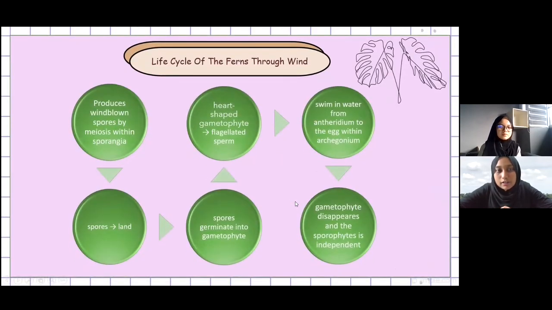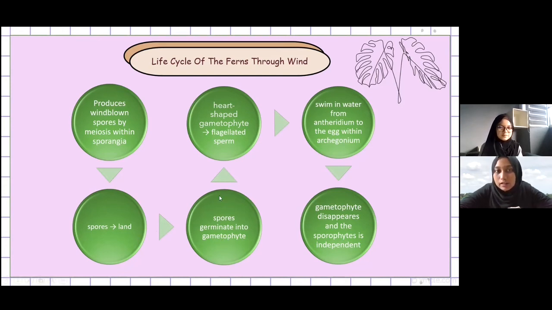Now we are moving on to the life cycle of ferns through wind. When we don't have water, the spores are transported to another place through wind. First, inside the sporangia, meiosis will take place. Then when the sporangia are dried, the spores are released to the environment. The wind will take the spores away to the dry land. When the spores are taken away by the wind, they will germinate into a gametophyte.